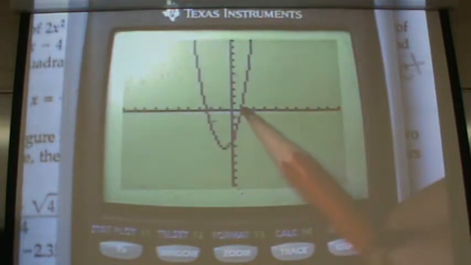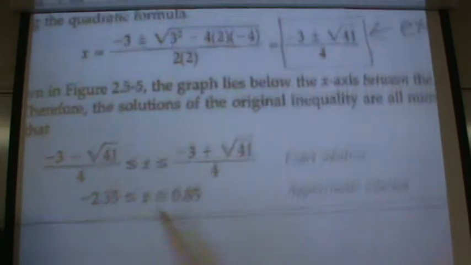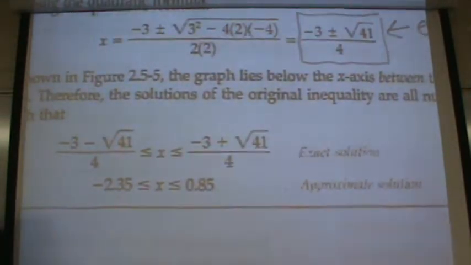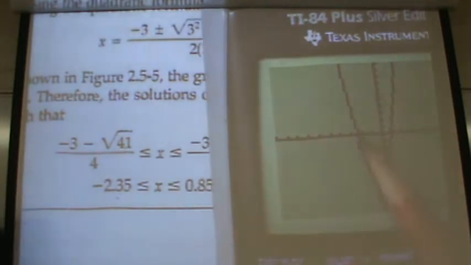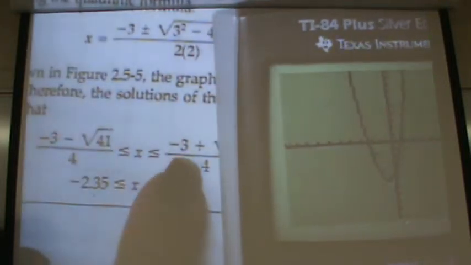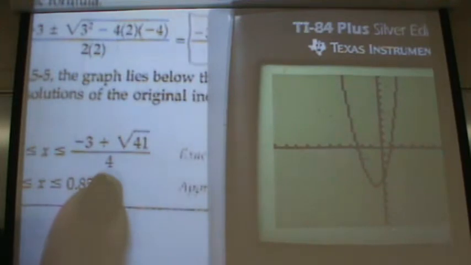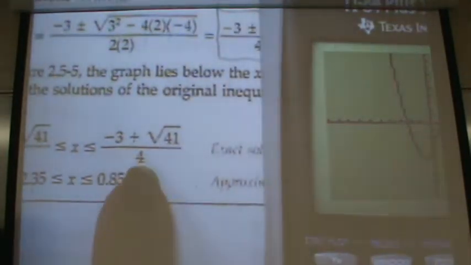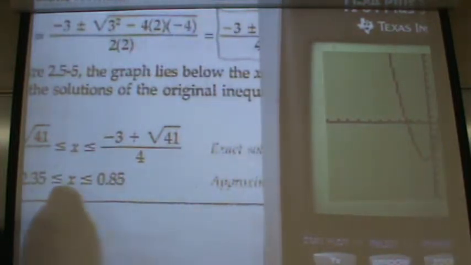And guess what that number is right there? Negative 2.35 is that answer. And isn't it between negative 2 and negative 3? Yep. Now the exact answer is negative 3 minus root 41 over 4. And guess what this answer is here? This is 0.85.